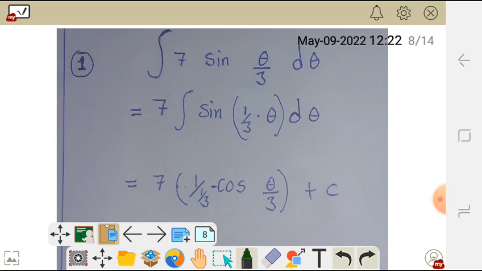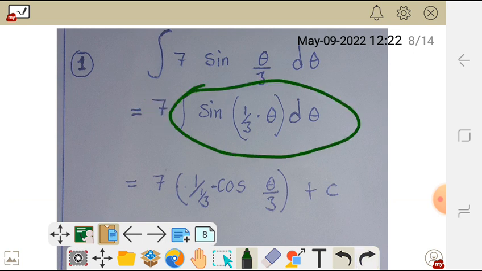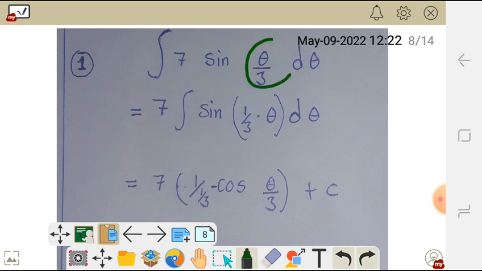Then we integrate the sine function. And remember, we have theta over 3, which can be written as 1 over 3 multiplied by theta. So in this case we have k, which is another constant. In my previous video, we said if you have a constant here, you divide 1 by that constant. So we're going to divide 1 by 1 over 3, and then find the antiderivative of sine.